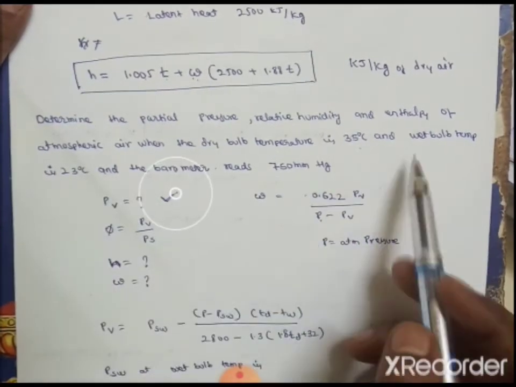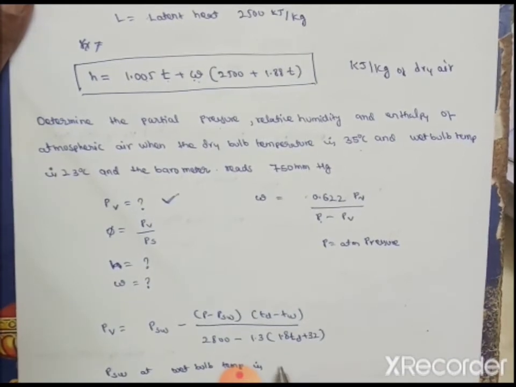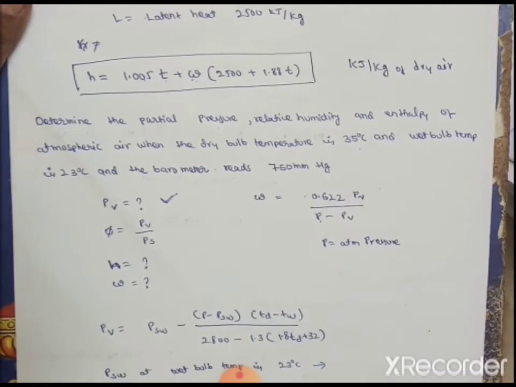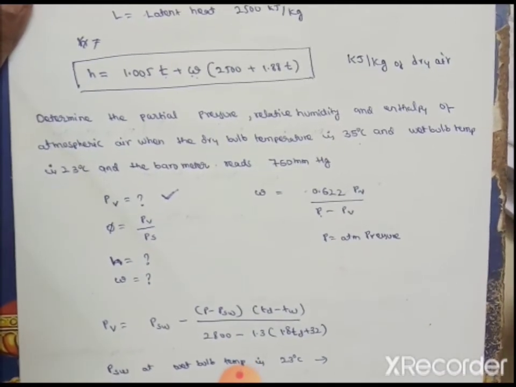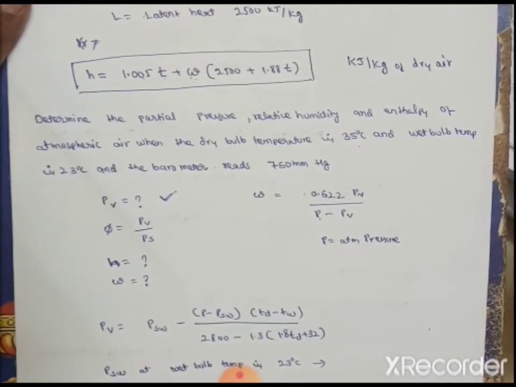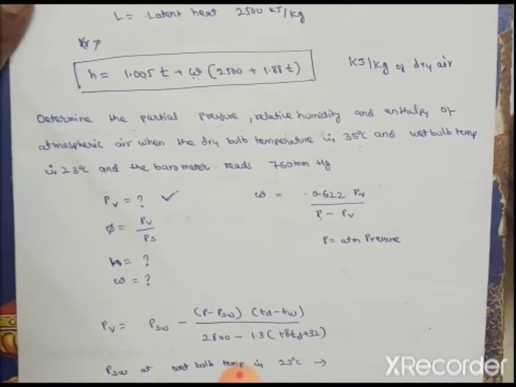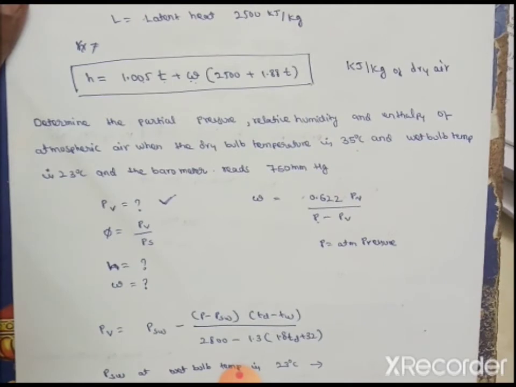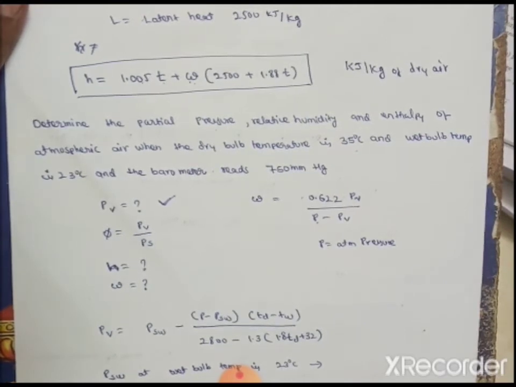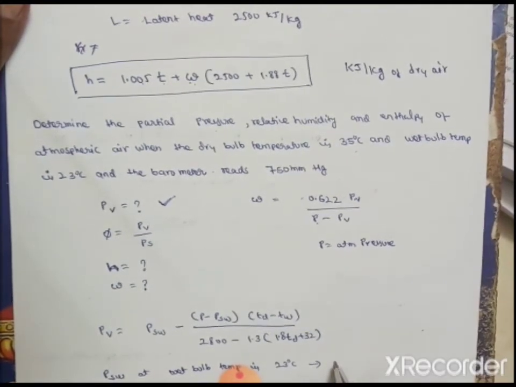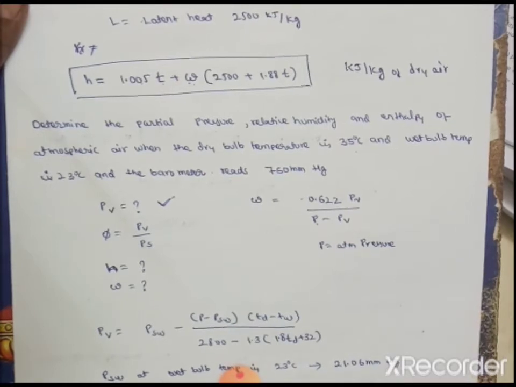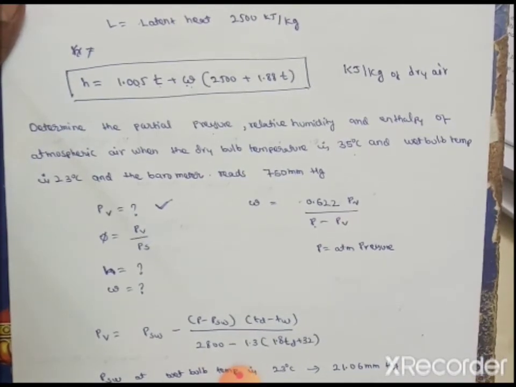What is the wet bulb temperature? The wet bulb temperature is equal to 23. From the steam table, corresponding to 23 degrees centigrade, the pressure in terms of mm of Hg is 21.06 mm of Hg.